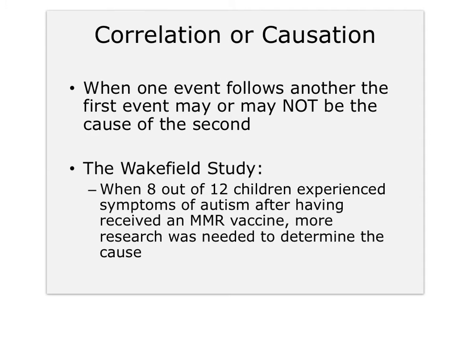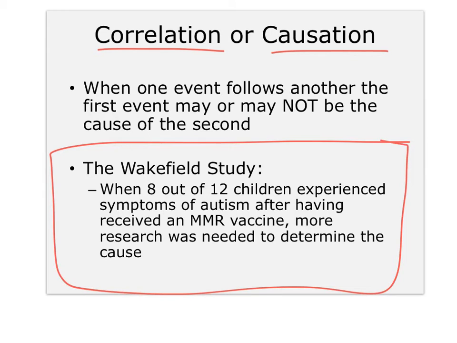Here we go. This is good. Is it a correlation or a causation? The only study that ever correlated vaccines to autism was a really poorly controlled, small sample size study. It was 12 kids that they looked at randomly. Eight of them had symptoms of autism after receiving a vaccine.